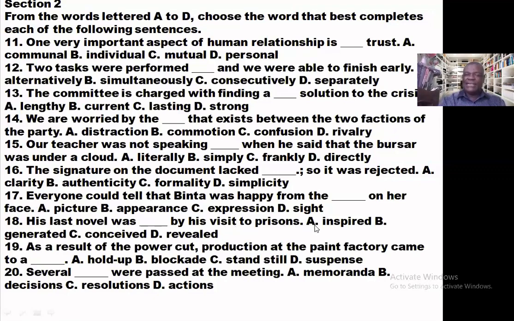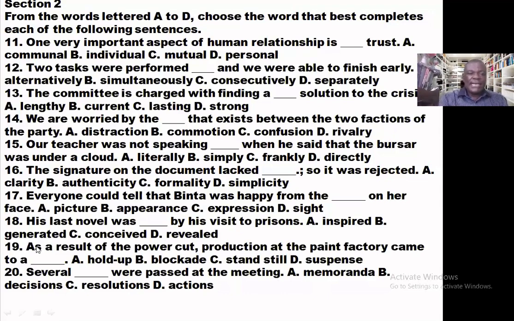A, inspired, yes, of course. It can give you the idea for a book. If you say his novel was inspired by his visit to the prisons, then you are saying that his visit gave him an idea about the novel he was going to write. Probably the novel could be about life in the prison.